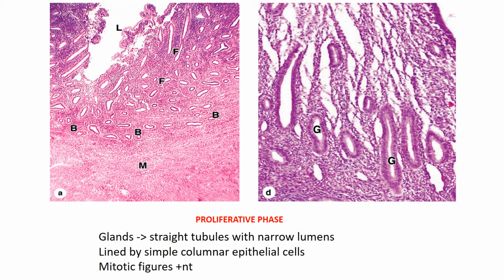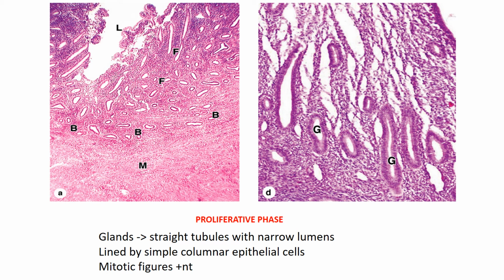In this phase, just after the menstruation is over, there is proliferation of the lining epithelium. At present the lining is very thin; the uterine mucosa is only 0.5 mm.